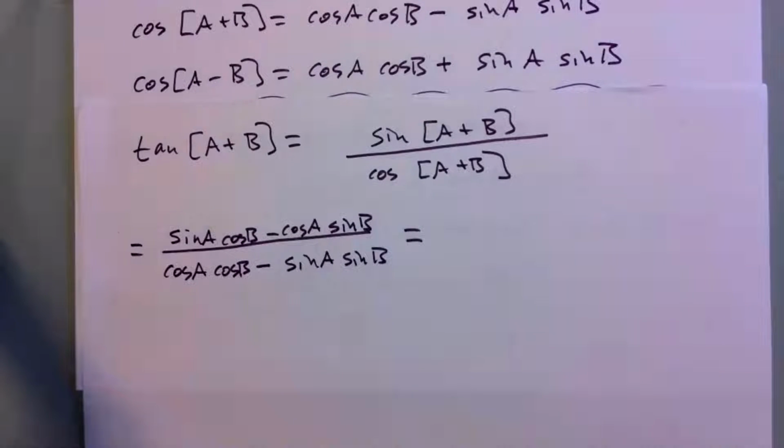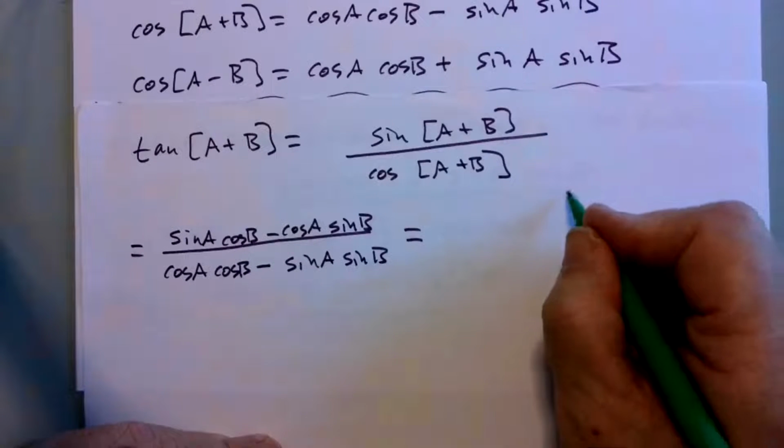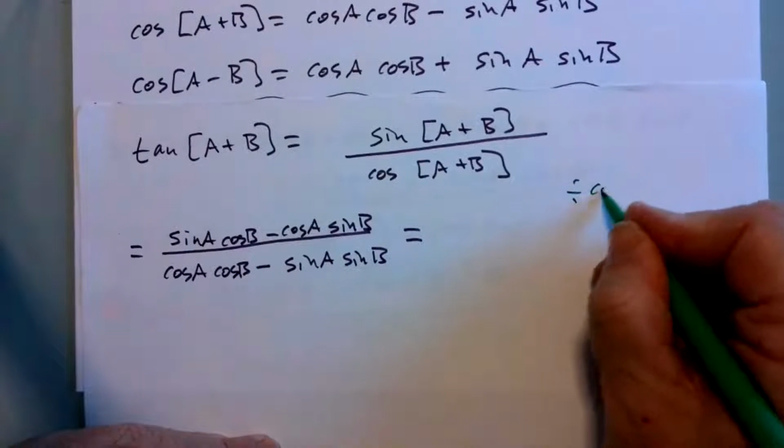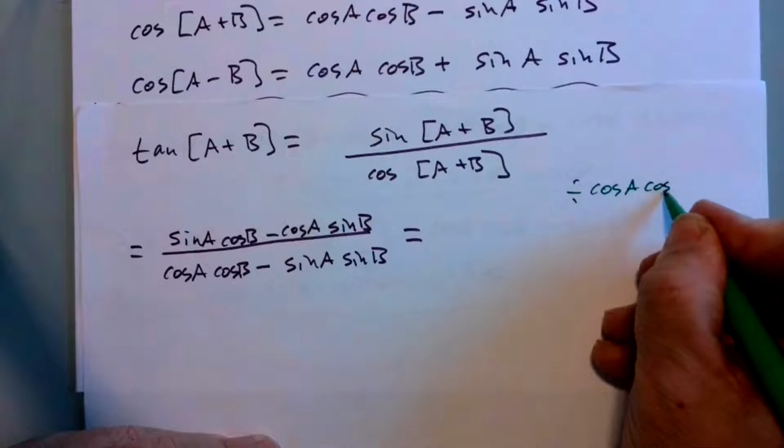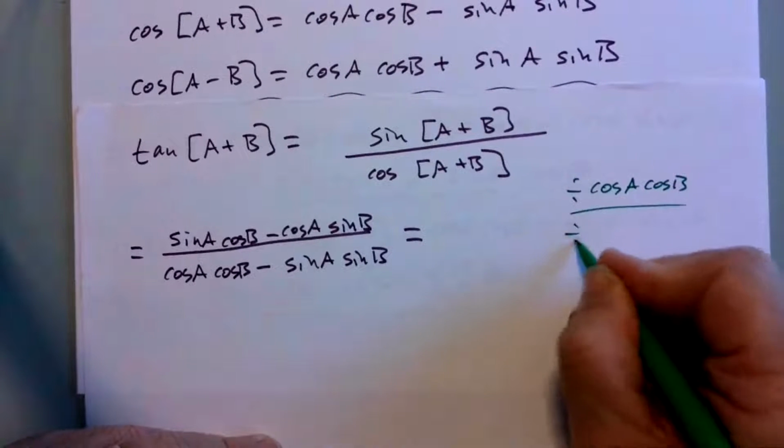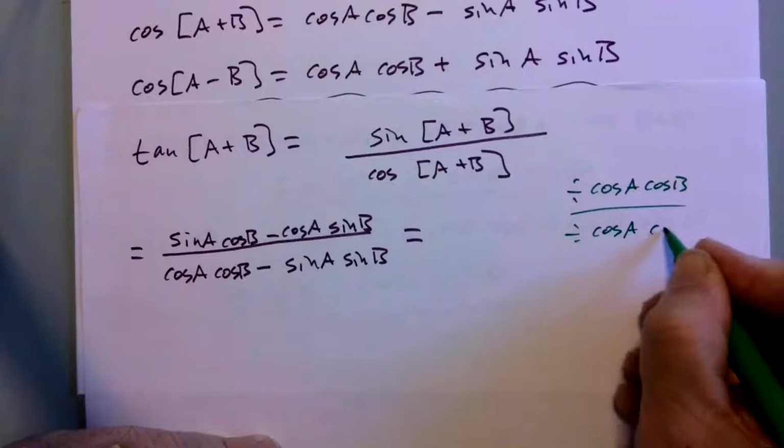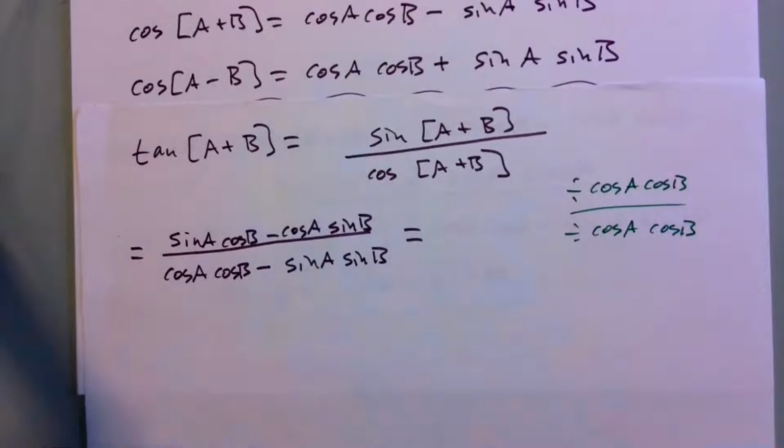What I'm going to do is divide both sides by something. Now, what is something that makes the most sense here? I think I'm going to divide top and bottom by cos a cos b. So divide the top by cos a cos b. Divide the bottom by cos a cos b. That's going to be our strategy here.